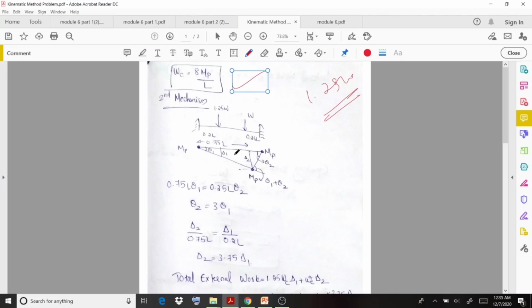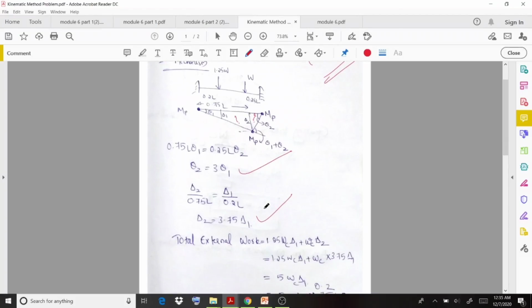So you are considering this one and this one. Then if you calculate those values, theta 2 equals 3 theta 1. And then if you compare delta 2 and this triangle, that is 0.75L equals delta 1 and this 0.2L, you will get delta 2 and delta 1.